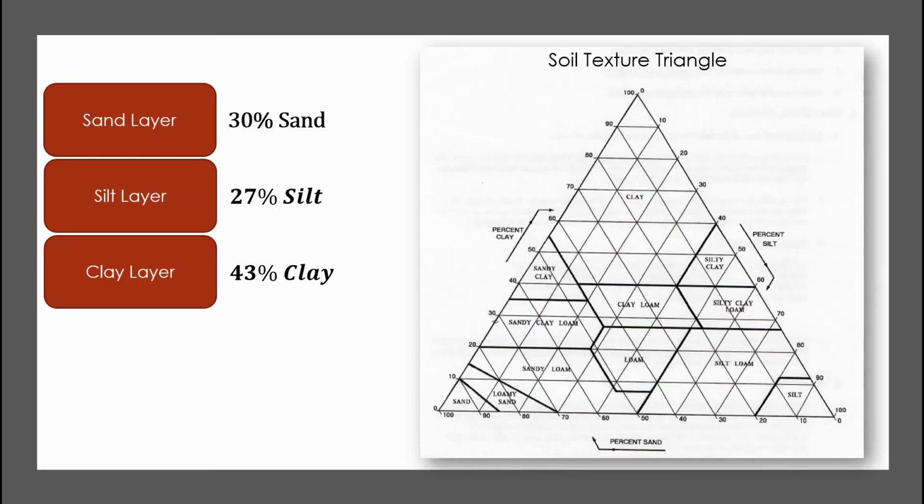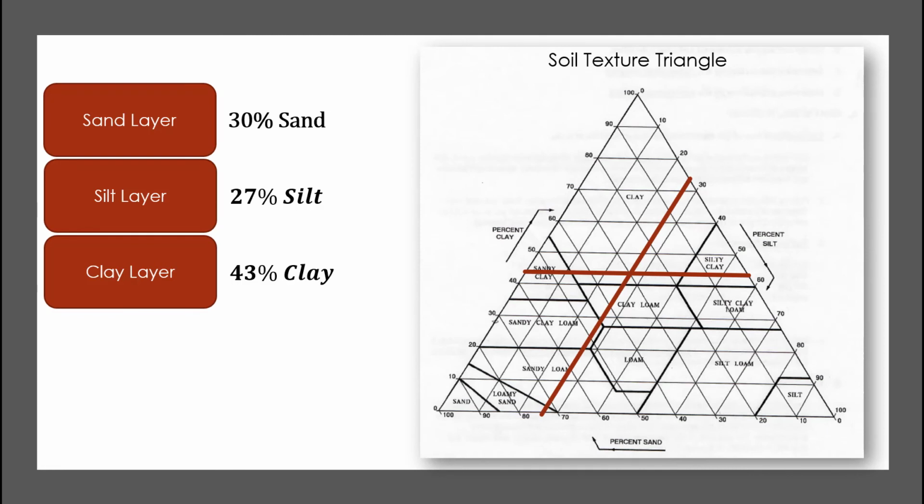So now we can finally come back to the texture triangle. Starting on the left side of the triangle, you can see the percent clay stretches from 0 to 100%. For this soil, our clay percentage was 43%, so we draw a horizontal line at 43%. Next, move to the right side of the triangle and we'll look at our silt percentage. Since our silt percentage is 27%, draw a line diagonally downwards at the 27% mark.